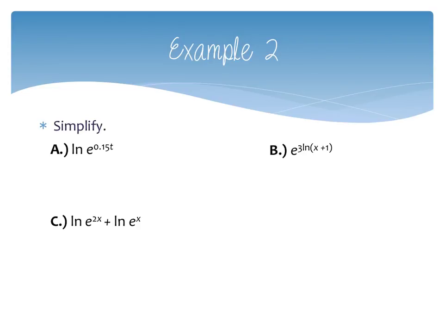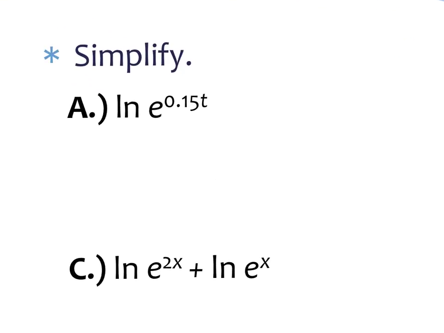So we'll start to use some properties here, okay? If I have ln of e raised to the 0.15 times the power of t, obviously I can't plug this in a calculator because I have a variable. So if ln is really the same thing as log base e of e to the 0.15t, there's two ways to look at this.